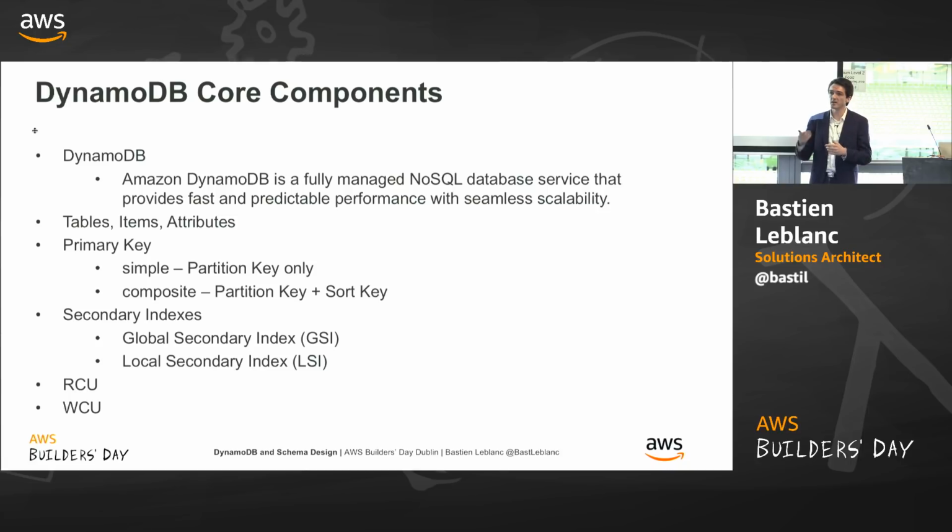And each table and each global index can have a different write and read throughput. That's very important to design, to be able to minimize cost and still get your throughput right on your DynamoDB table.